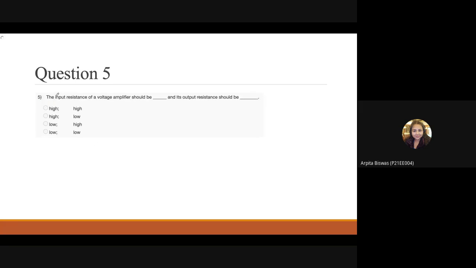Question number five. The input resistance of a voltage amplifier should be dash and its output resistance should be dash. High high, or high low, or low high, or low low.